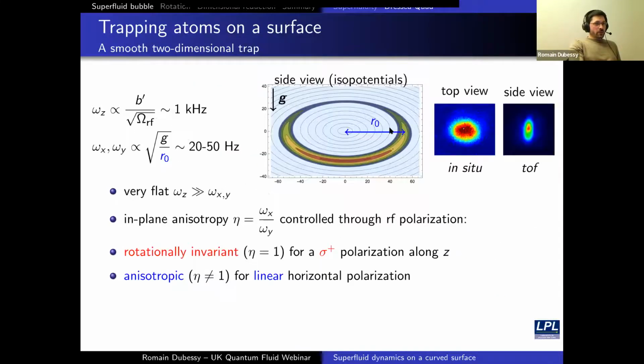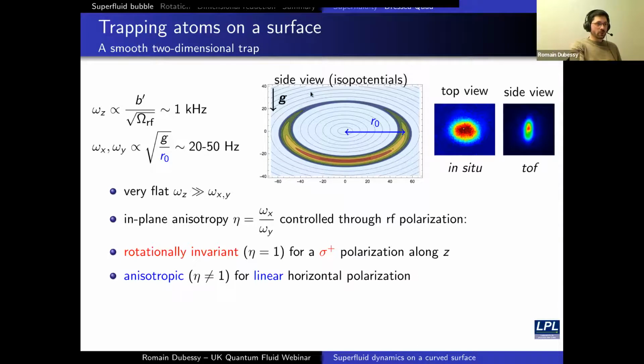Okay, so if we now look at the three-dimensional potential, so a cut in the three-dimensional space, because of the choice of our geometry, the potential is invariant by rotation around the z-axis.